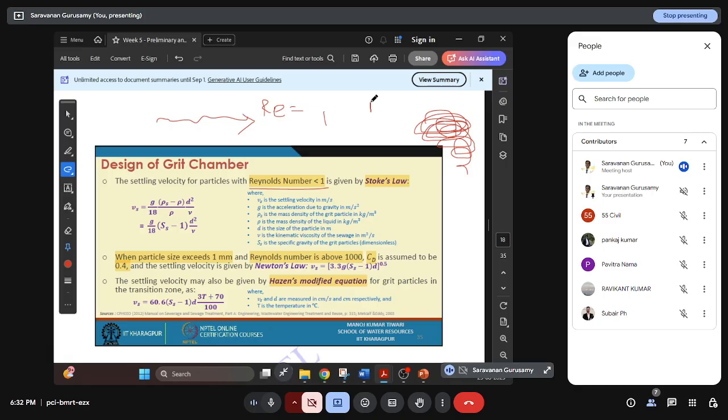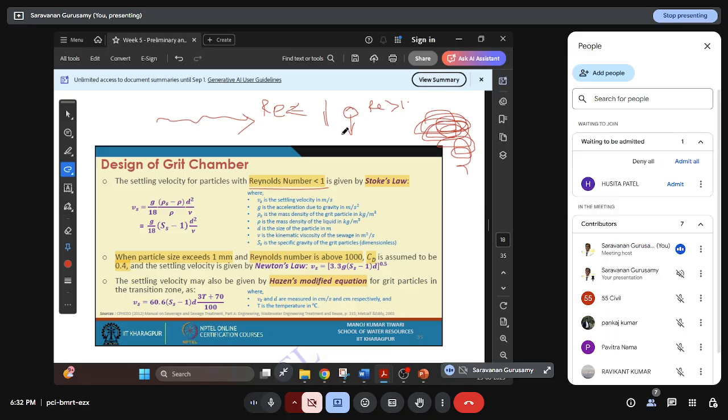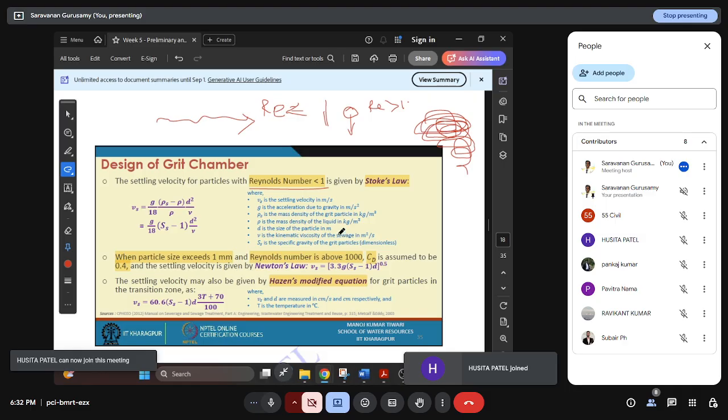So Re will always be greater than 1 for turbulent flow, and Re is less than 1 for laminar flow. Turbulent flow, laminar flow, this is the difference. In between these, there is a transition flow. If you slowly open the water tap, you will find laminar flow. If you suddenly open the tap, you will find turbulent flow.